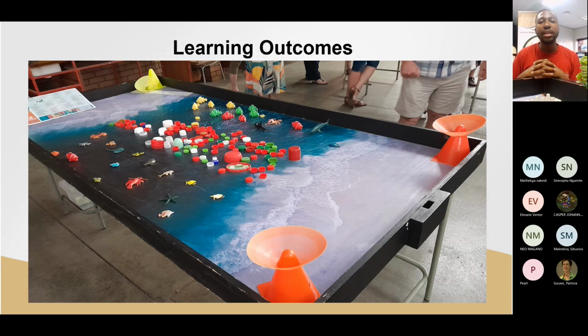Here we created a game whereby participants get to engage while learning at the same time within this challenge. As you can see on the sides, those are creatures that are found in the sea, and that's a robotics table. We printed an ocean, and in the middle, those are your bottle lids.